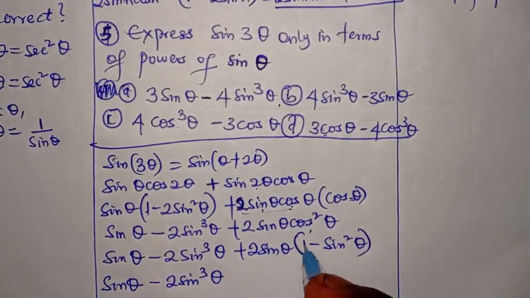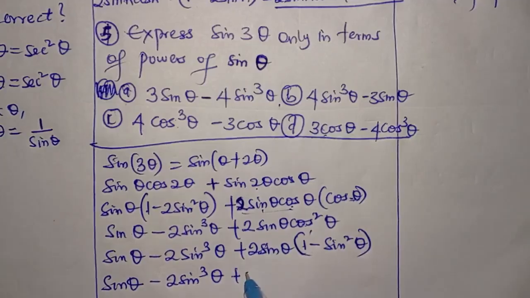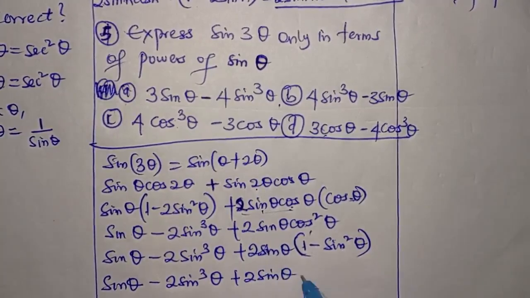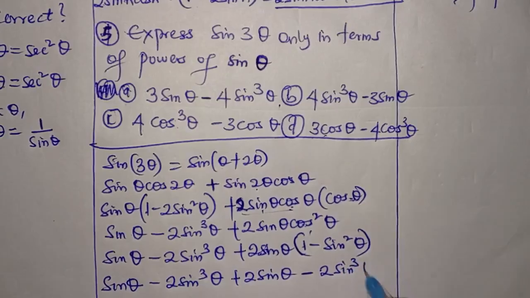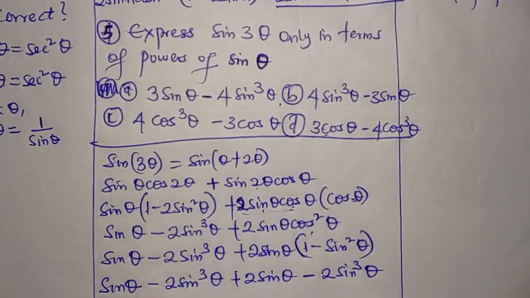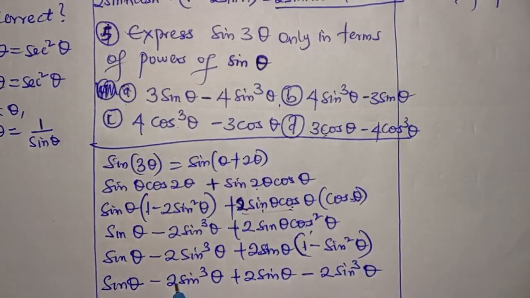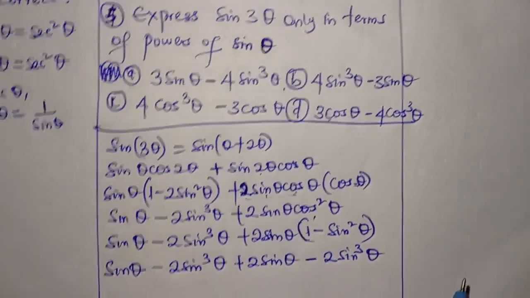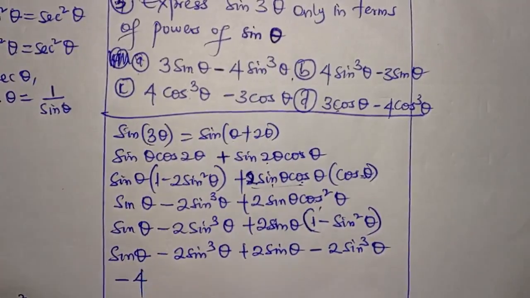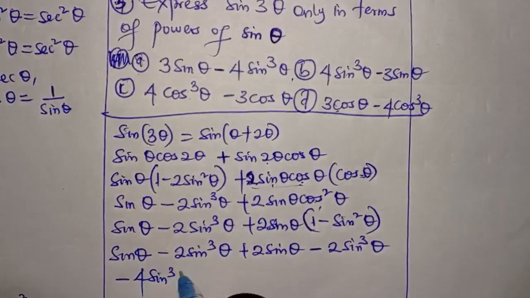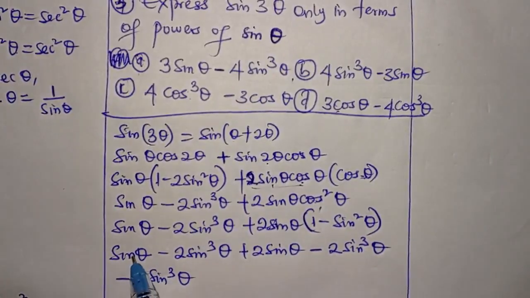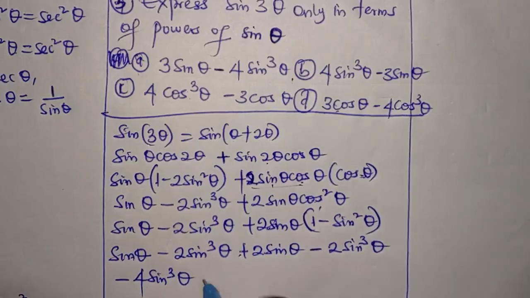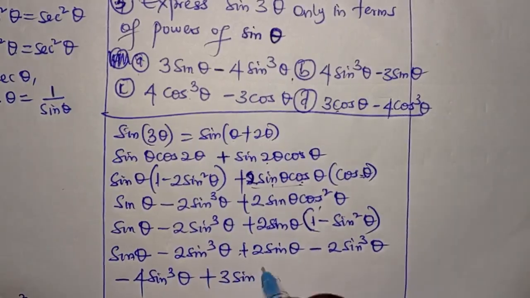Let's expand the bracket. 1 times this will be 2 sine theta. Then this times this will be minus 2 sine cube theta. So minus 2 sine cube theta minus 2 sine cube theta is minus 4 sine cube theta. Sine theta plus 2 sine theta is 3 sine theta.